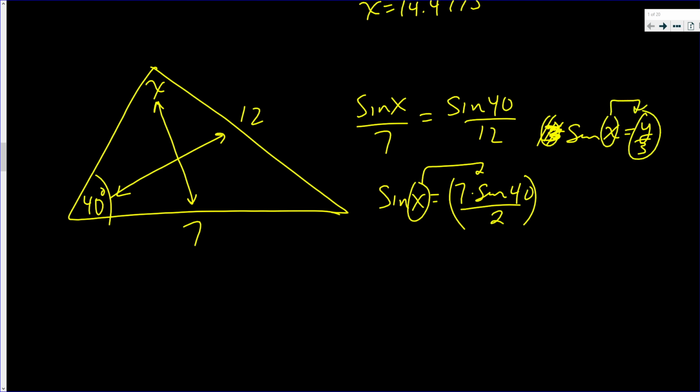You can switch those. Sine of y over 3 equals x. We change that sine to sine inverse. Sine inverse of 7 sine 40 over 12, that's x. But don't forget inverse. And it turns out that that's approximately 22.0243.